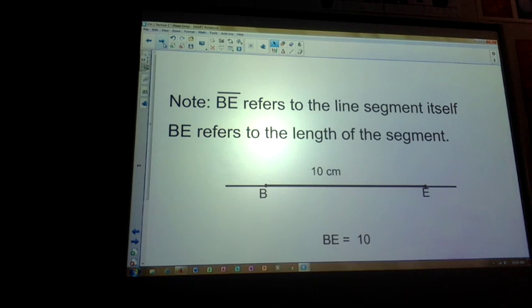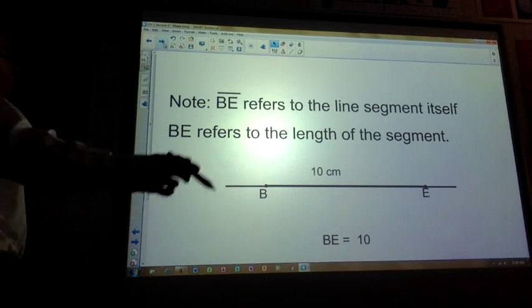Why would we not have it above it? Because it's referring to a length, and then of course it's kind of redundant. Are you necessarily incorrect if you have a line segment line above it? No. But just be aware that if I give it a numeric value, I don't need to have the line segment line above it.